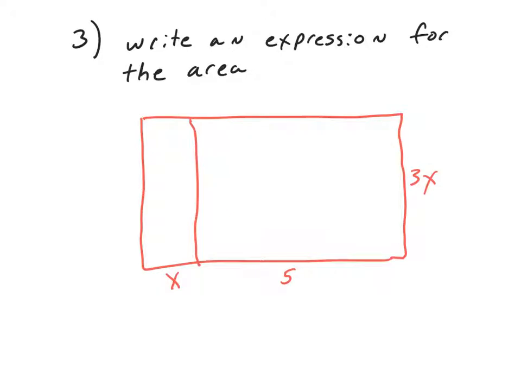On number 3, it's asking us to write an expression for the area of this rectangle. If you remember, the area of a rectangle is equal to the length times the width. So the length, we're going to have x plus 5, and for the width, we have 3x.